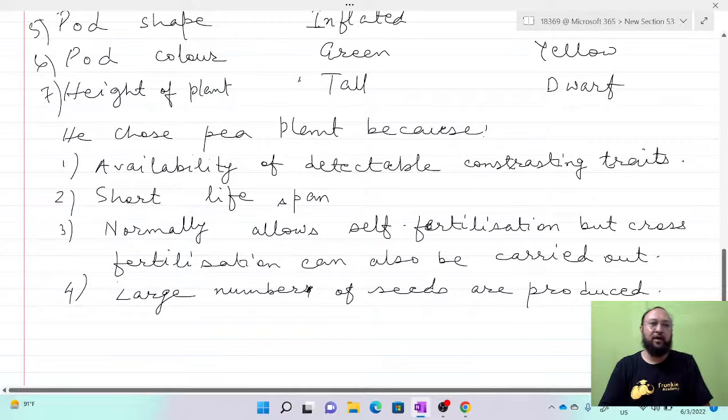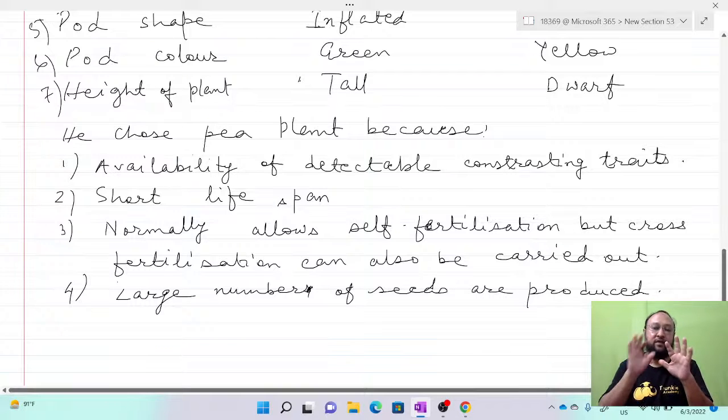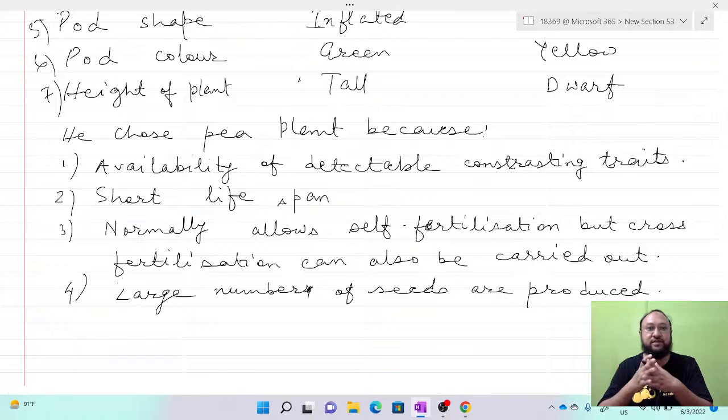That is the reason he selected the pea plant. He knew it would be easy for his experiment, because it has 7 different characters with contrasting traits, easily detectable and observable. The lifespan is short, so there is no long waiting.